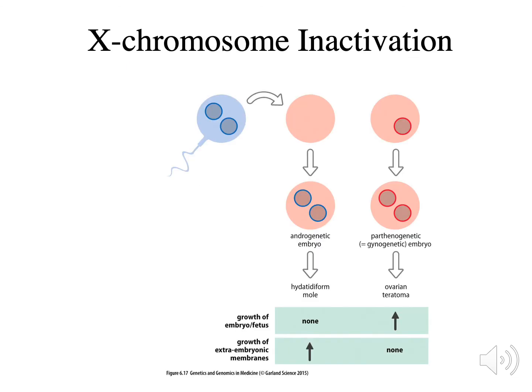This slide shows some interesting scenarios that can arise from uniparental diploidy and divergent expression of paternal and maternal genomes. So these are abnormal conditions, and it's interesting to consider them now that we have the knowledge to do so.